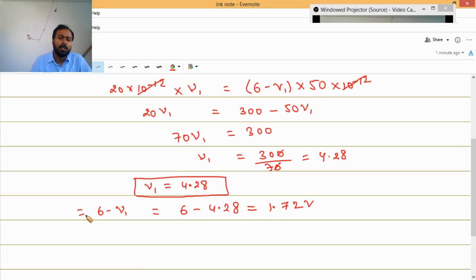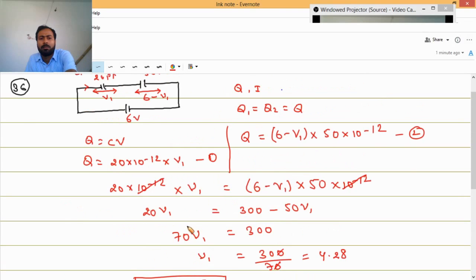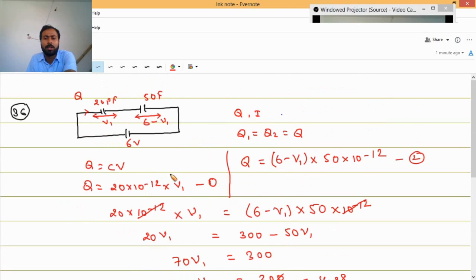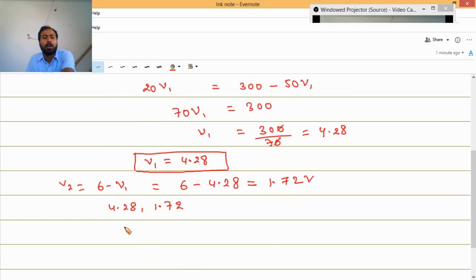If we consider this voltage as V2, then the potential differences will be 4.28 for the first capacitor and 1.72 for the second capacitor. The first capacitor is 20 picofarad and the second is 50 picofarad.